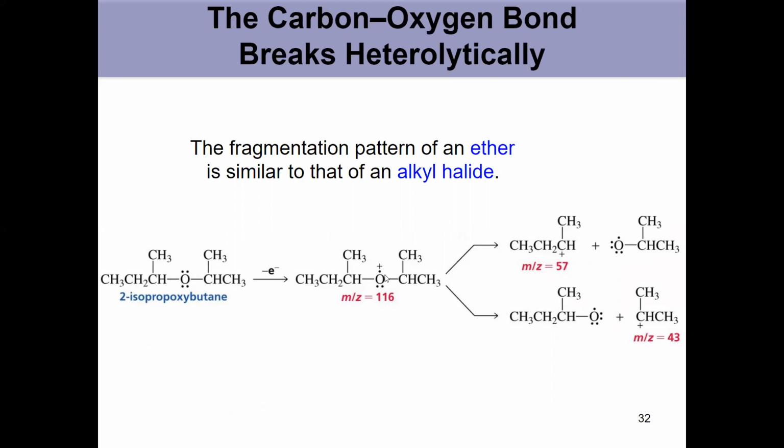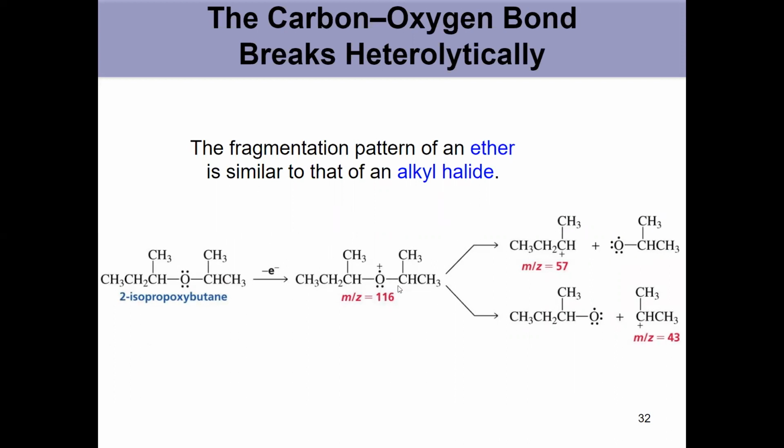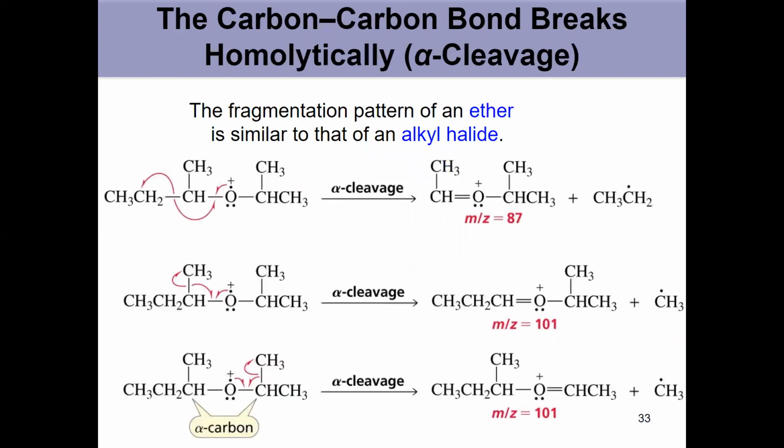The first possibility is a heterolytic bond cleavage, where the electrons just go to oxygen because it's more electronegative, which is what we're seeing in this case. Either one of these bonds just breaks heterolytically, and the electrons go to whatever is more electronegative, oxygen in this case.